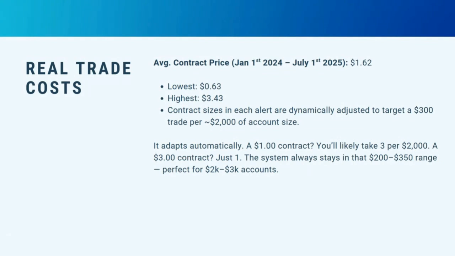That gets you to your target of 300 per $2,000 of account size. If the contract is $3, so again, 3 times 100, that's what your actual cost is, $300. That meets your target of 300 per 2,000. So it's going to do that for you automatically in the alert.